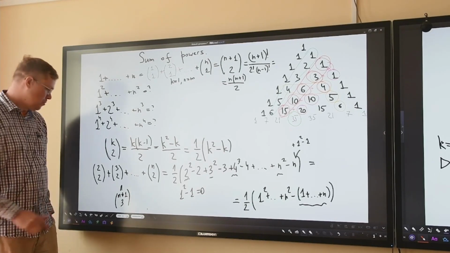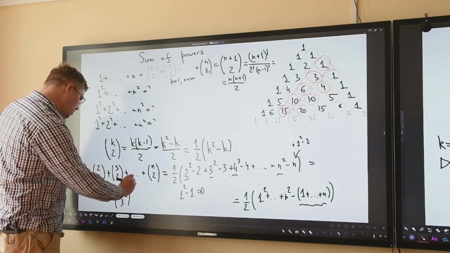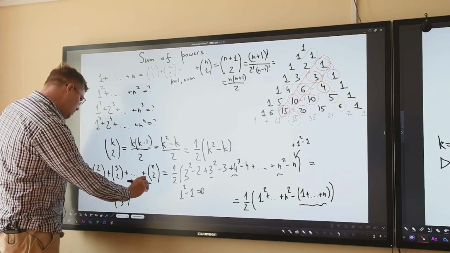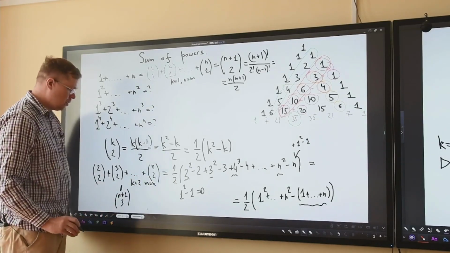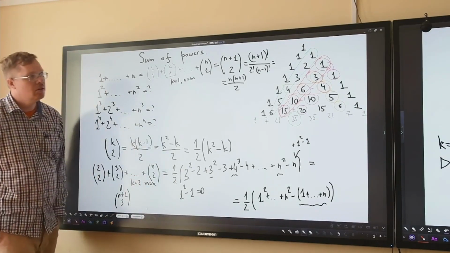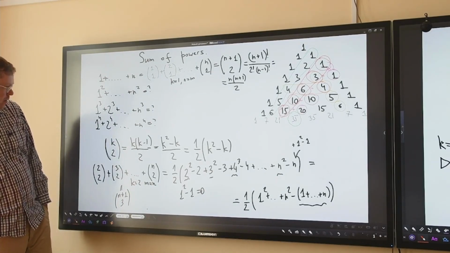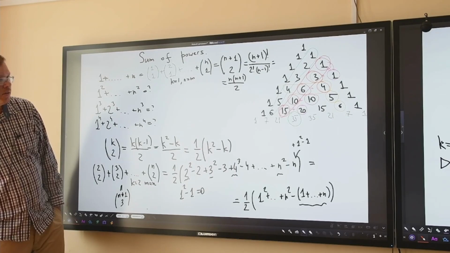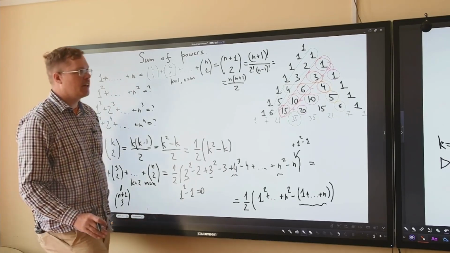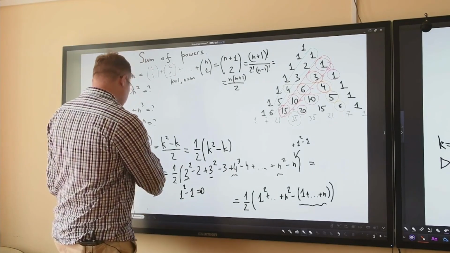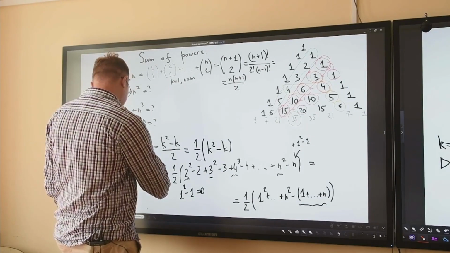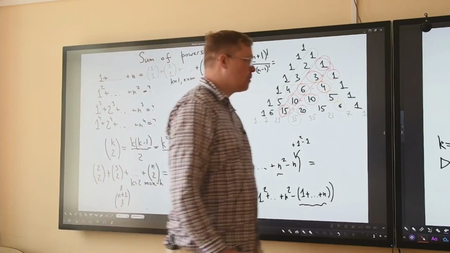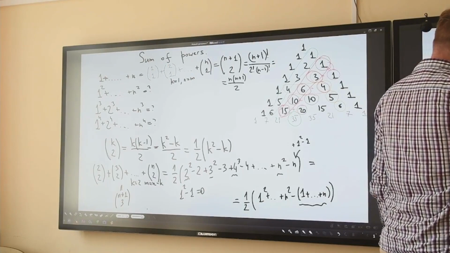Here k is equal to 2 and m is equal to n. No, here I have m equal to n minus k, because here I write k plus m.